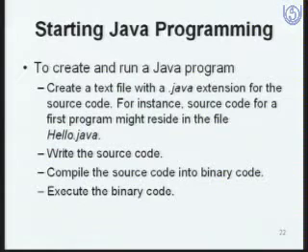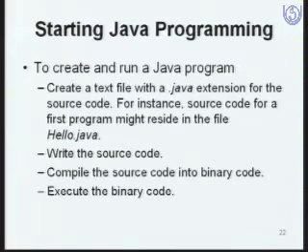For instance, source code for a first program might reside in a file called hello.java. Here hello is a text file with the extension .java, which contains Java programs.